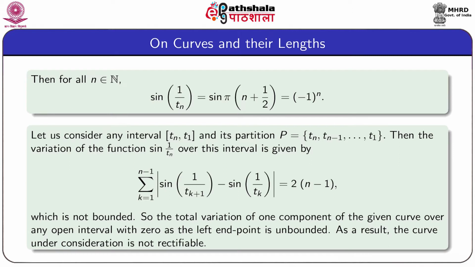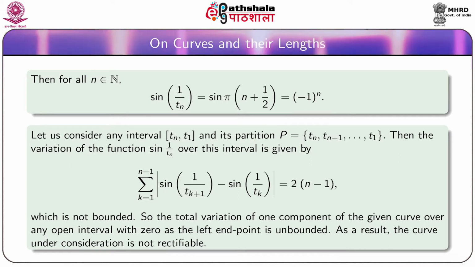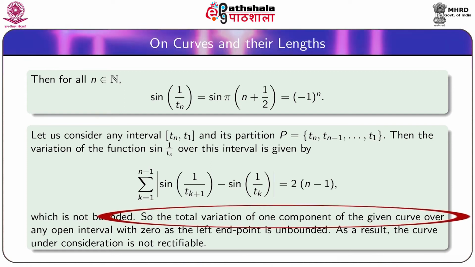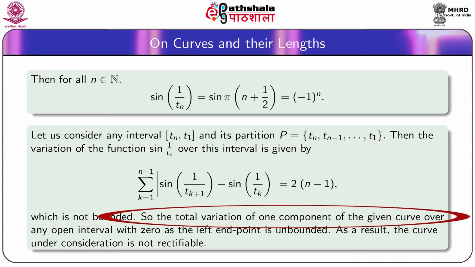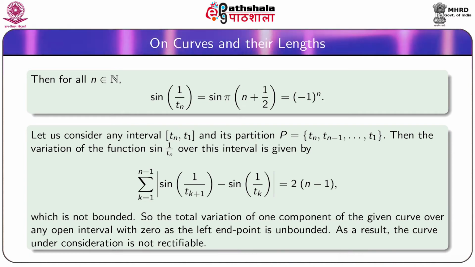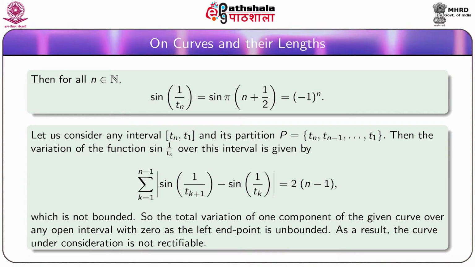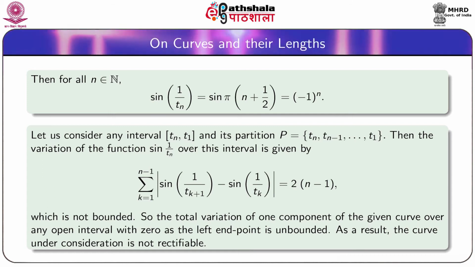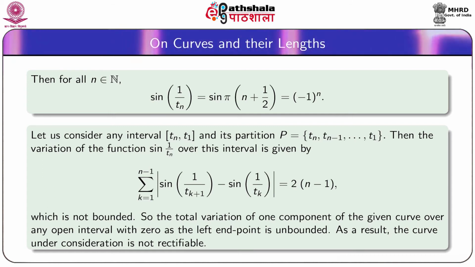And clearly this quantity is not bounded. So the total variation of one component of the given curve over any interval with 0 as the left endpoint is unbounded. We consider the other component 0. As a result, the curve under consideration is not rectifiable.